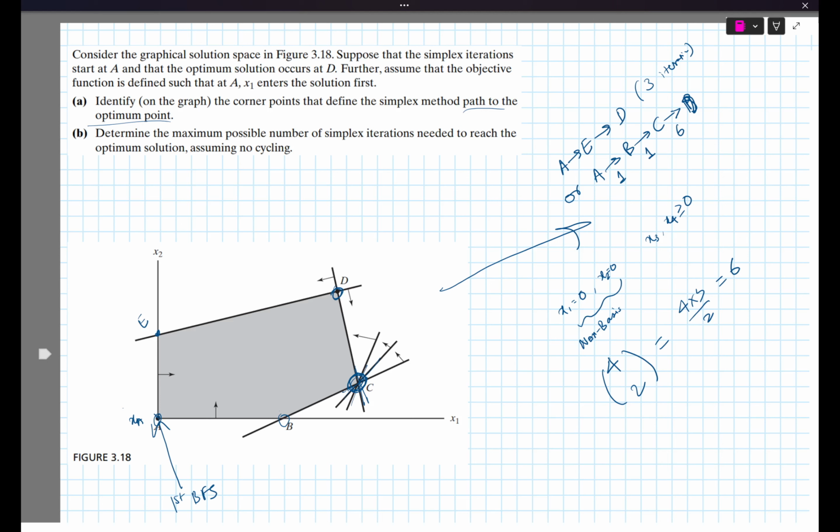So there are 4 choose 2 ways. It means the number of basic solutions at C. And then C to D again, one iteration.